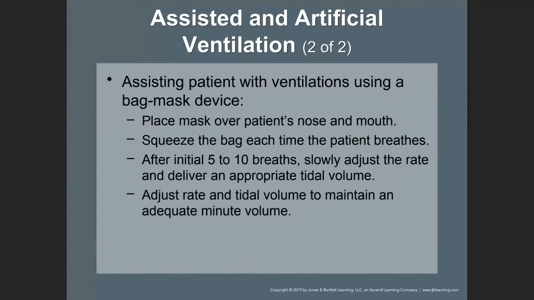Assisting a patient with ventilation using a bag mask device. I'm not going to focus too much on this. This is if the patient is breathing and you need to breathe for them. The most important thing is to not squeeze the bag when the patient is exhaling, so you have to synchronize with the patient's breathing pattern.